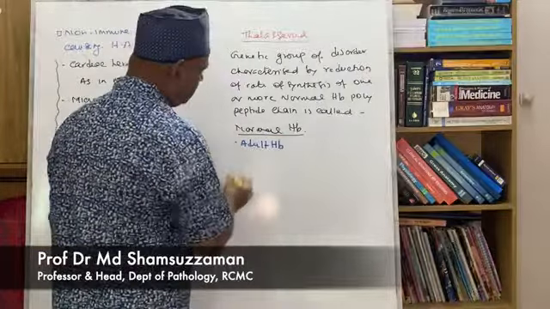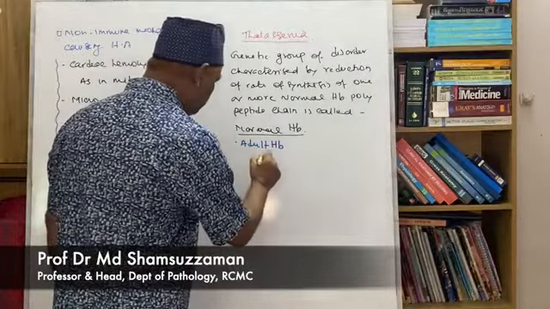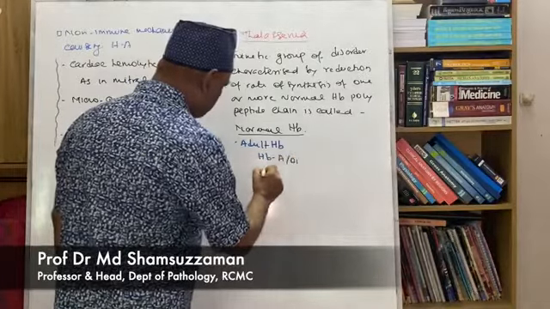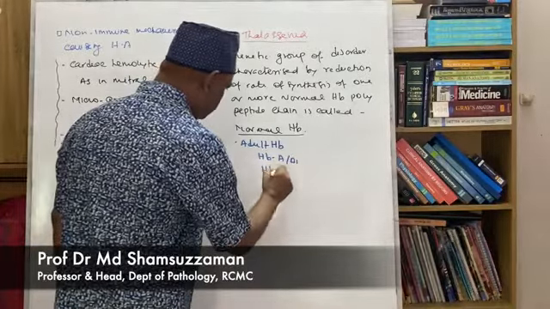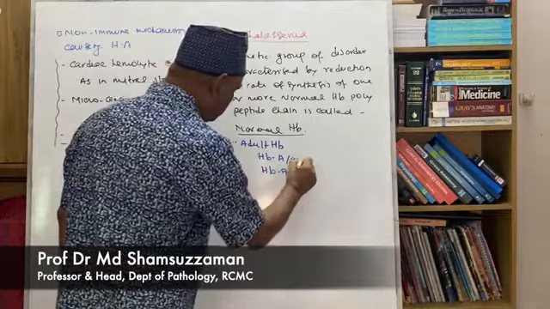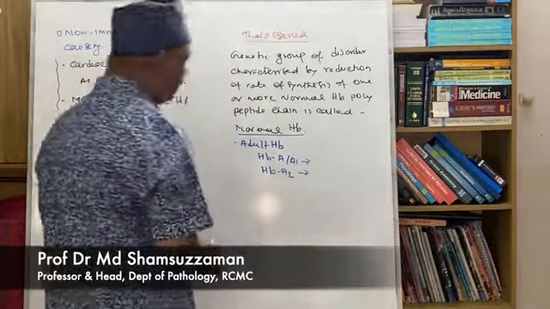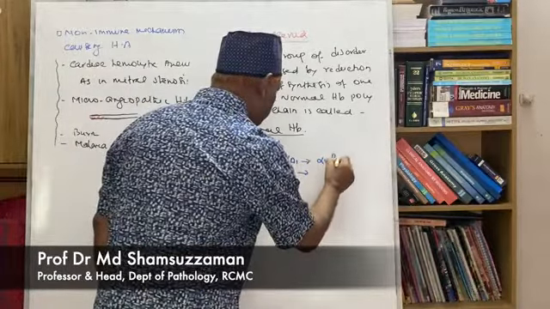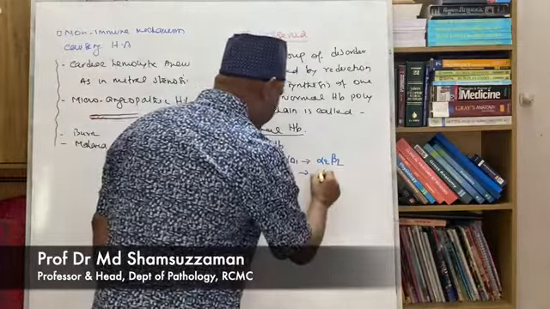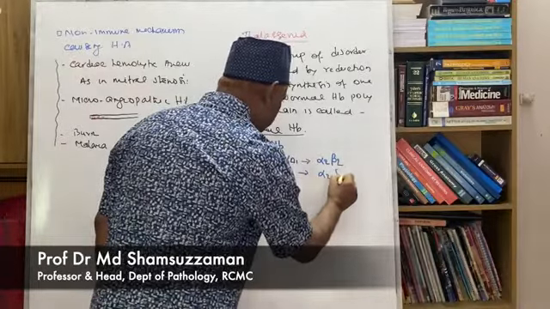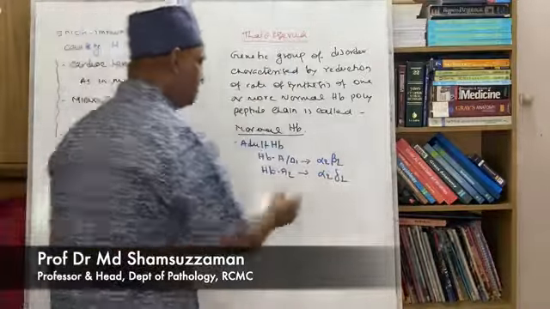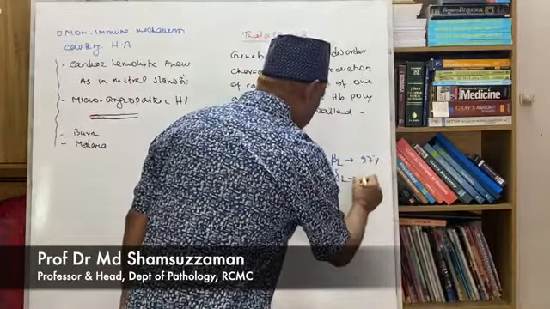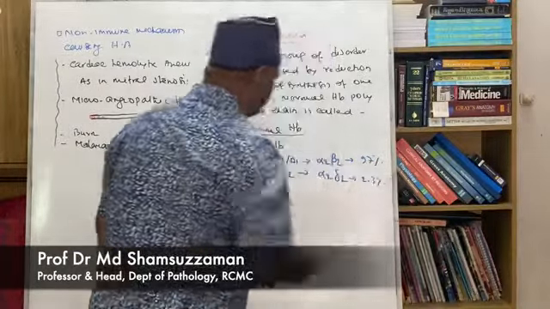Adult hemoglobin may be hemoglobin A, or A1 also, and hemoglobin A2. In hemoglobin A1 the polypeptide chains are alpha 2 and beta 2, and in A2, alpha 2 and delta 2. A is about 97%, and A2 is about 2 to 3% in our body.